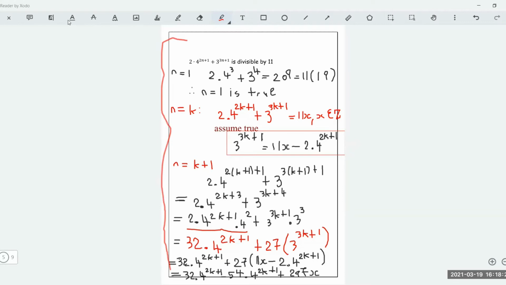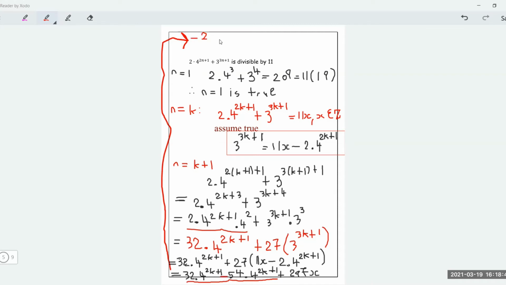Factoring out 11, I know that 32 times 4 to the 2k and 54 times 4 to the 2k, we can clearly see this is now 32 minus 54, that's going to give you minus 22 times 4 to the 2k plus 1.